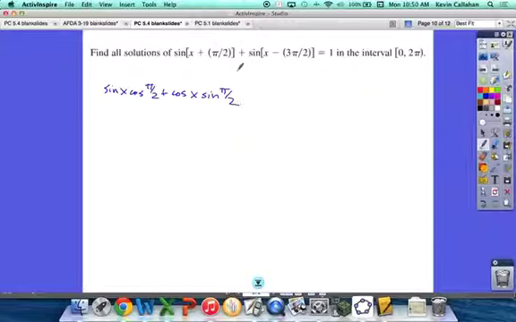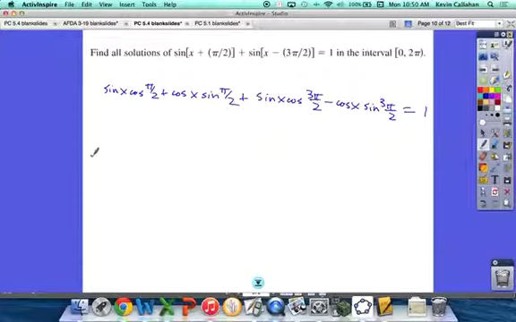Now, plus the sine of a difference: sine x cosine 3 pi over 2 minus cosine x sine 3 pi over 2 equals 1. Right, so necessary first step: you've got to use the sum and difference formulas.